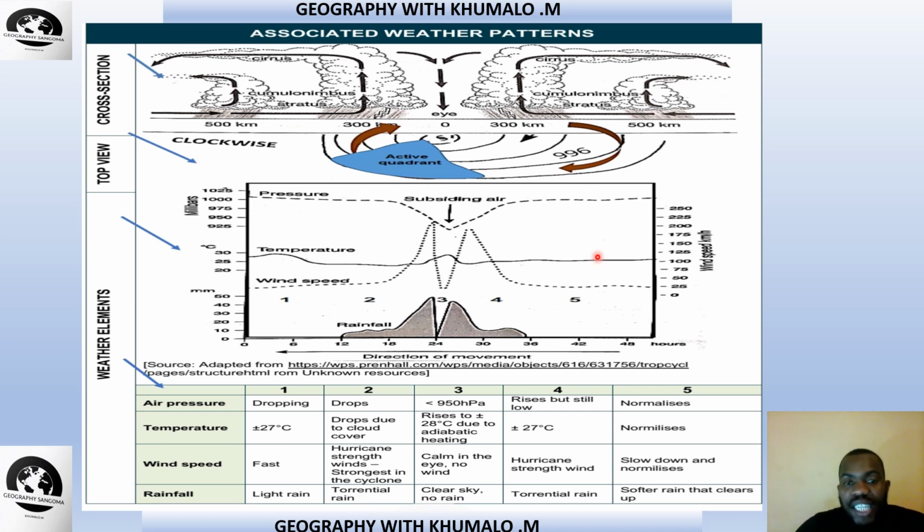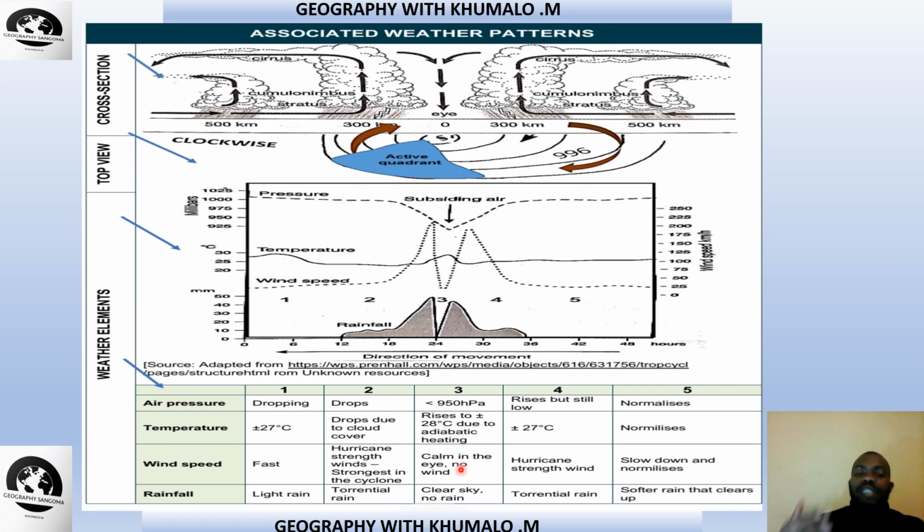Then number 3, you can see that is during the eye. Our air pressure is now greater than 950 hectopascals. Then temperatures start to rise to 28 degrees due to what?